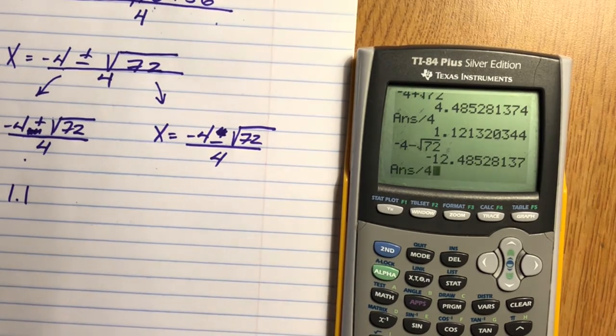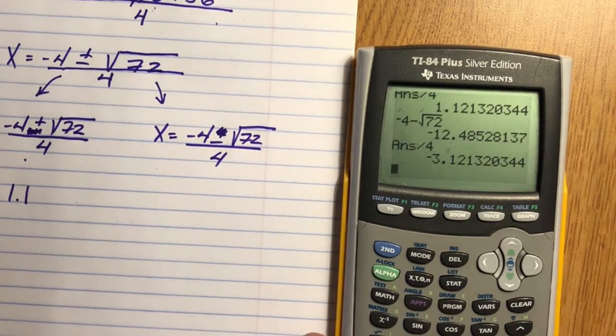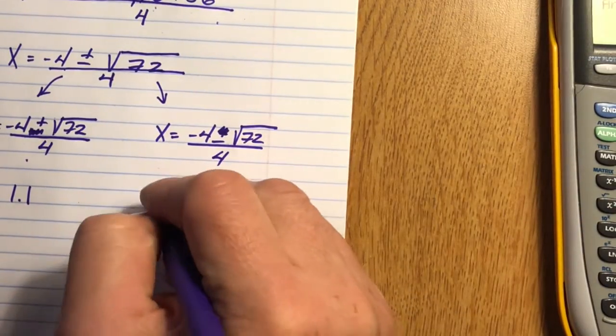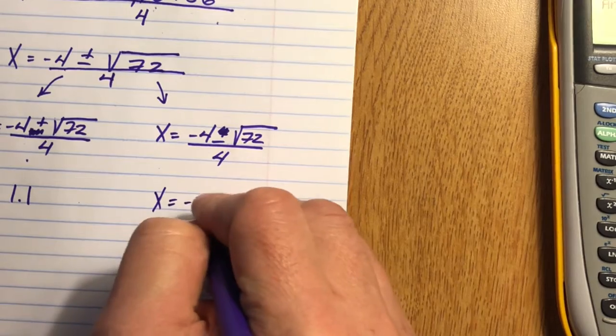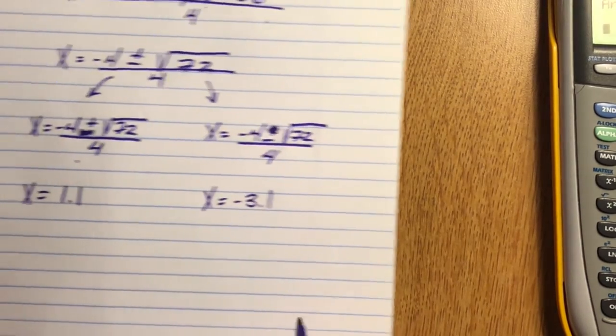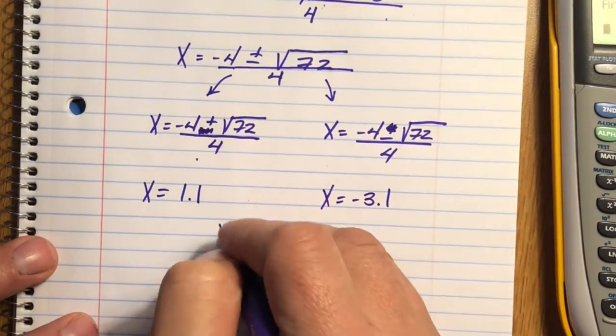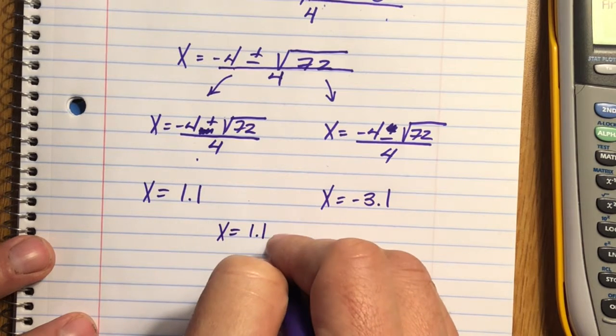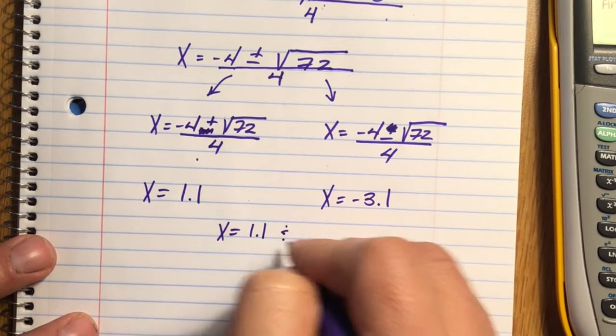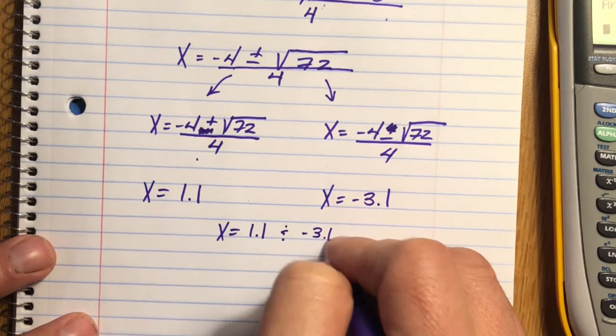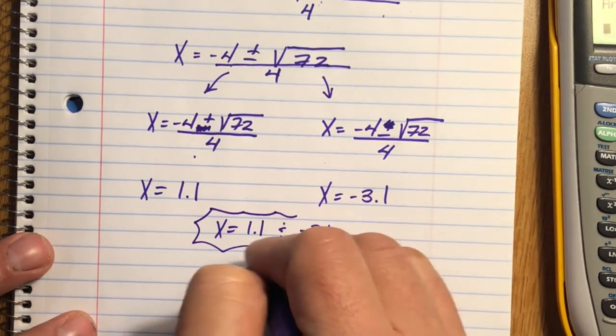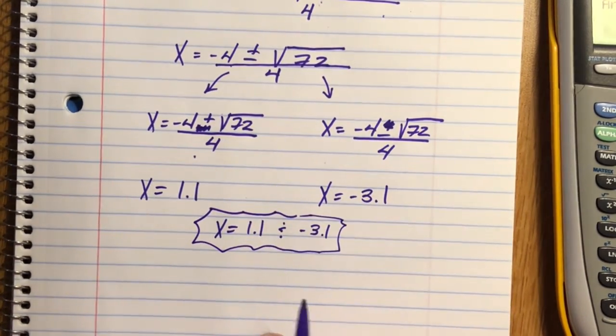Divide that by 4, negative 3.1. There are your answers. So you would say x is 1.1 and negative 3.1. Those are your two solutions or your x-intercepts.